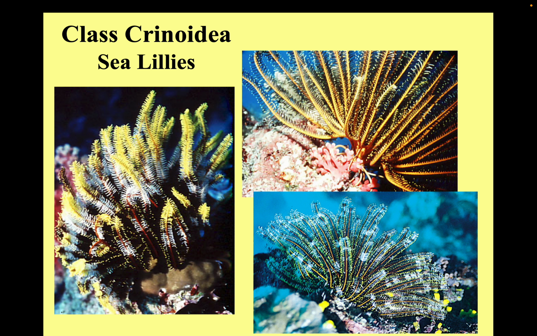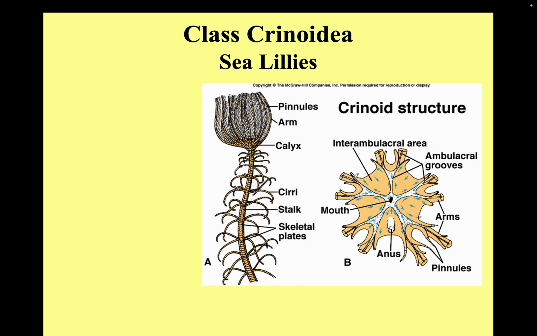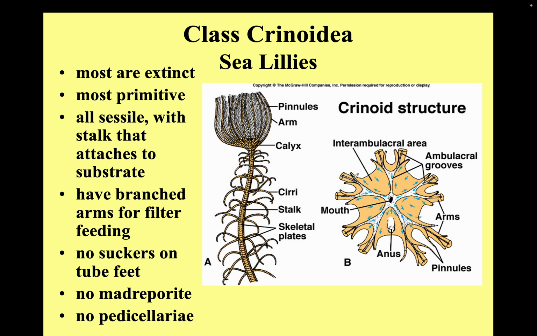Then we have the sea lilies, the subclass Crinoidea, which look like flowers, flower-looking echinoderms. Most sea lilies are already extinct, and they're the most primitive under the Echinodermata.